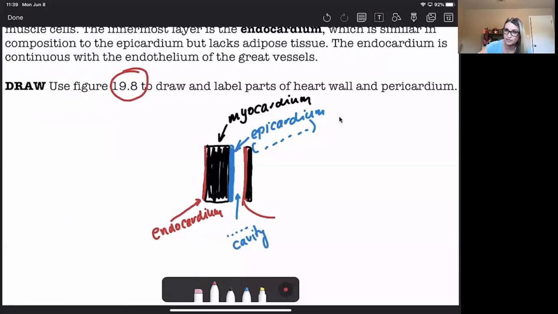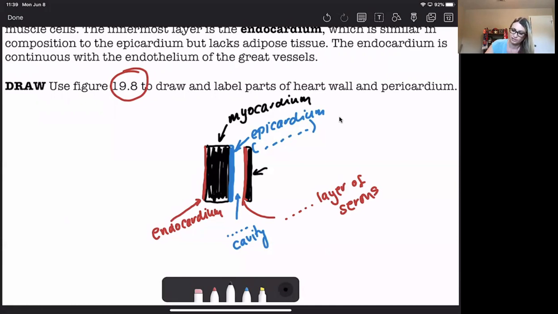But then this is a part of serous pericardium. Which one? Is it the visceral or the parietal layer of the serous pericardium? So blank, blank, blank layer of serous pericardium. And then this black part is the last of it.